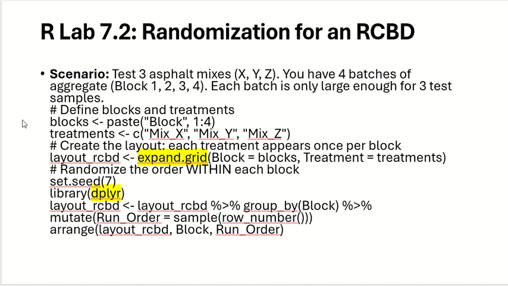So this will do the randomization for the blocking system. Now, with the blocking system, we have 3 asphalt mixes and 4 batches of aggregate. These batches could be from different sources. Aggregate from different sources have different properties. You cannot completely control them.